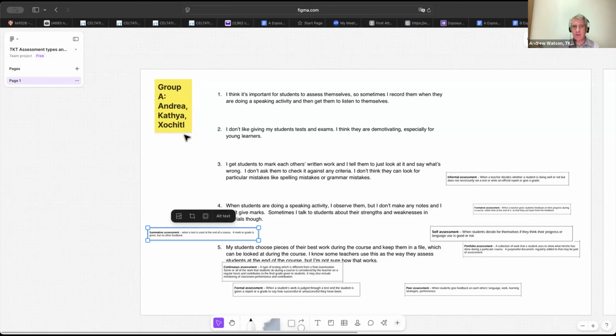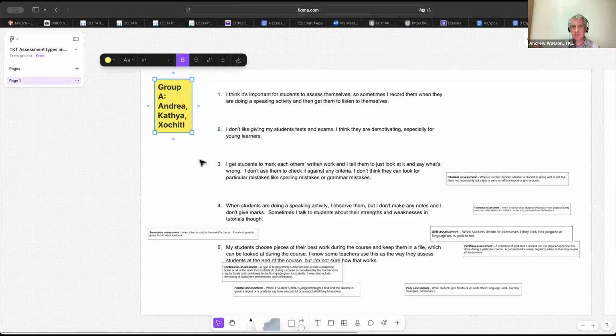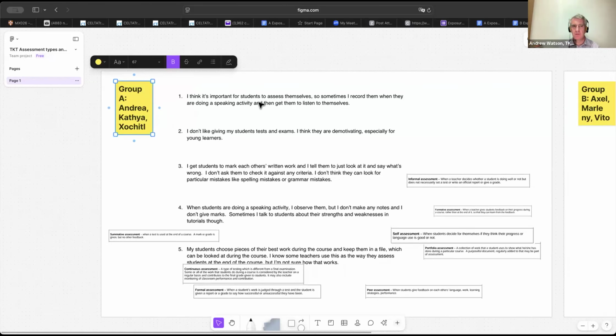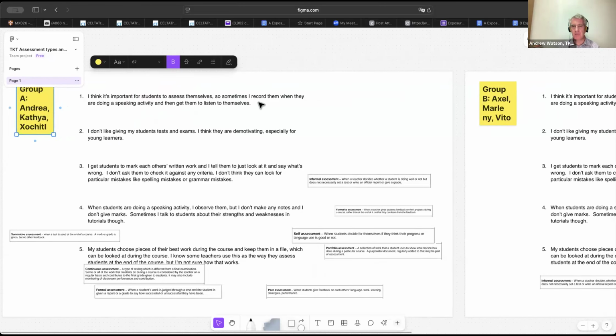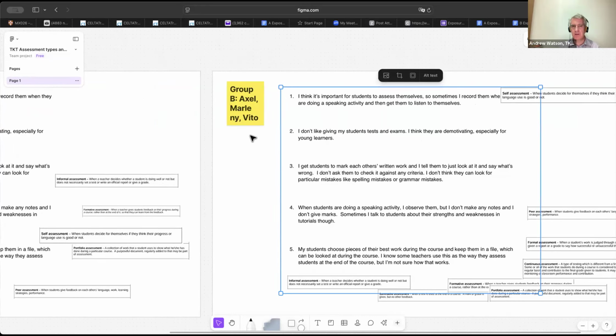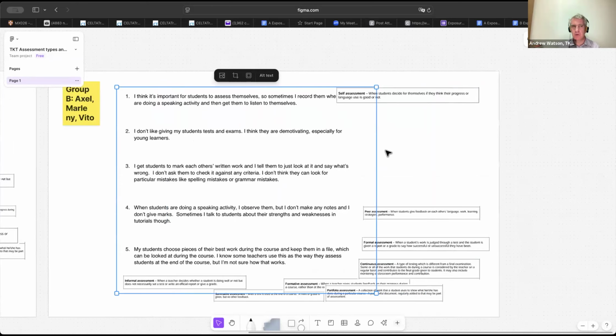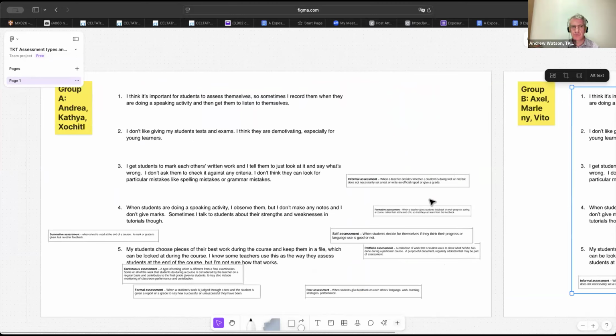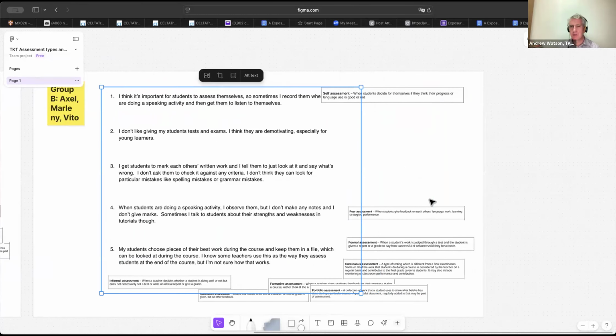So Andrea, Katia, and Xochitl, you are working in Group A on the first slide. Axel, Marlene, and Vitor, you are Group B. Are we missing anyone? I don't think so. That's everyone.